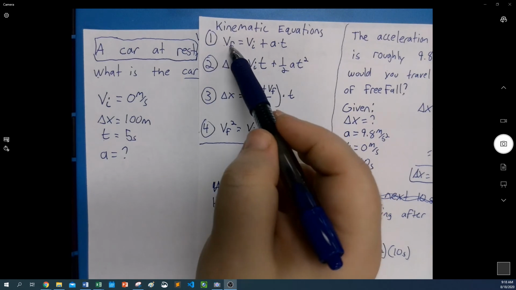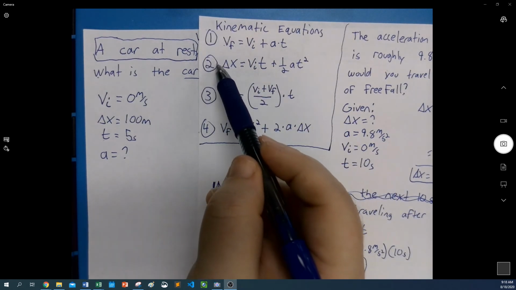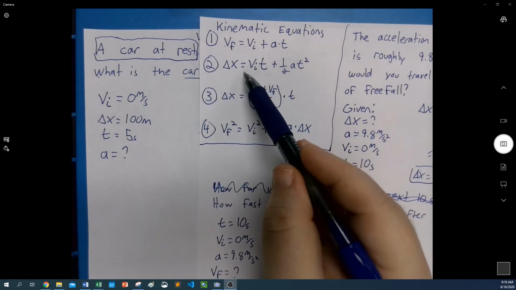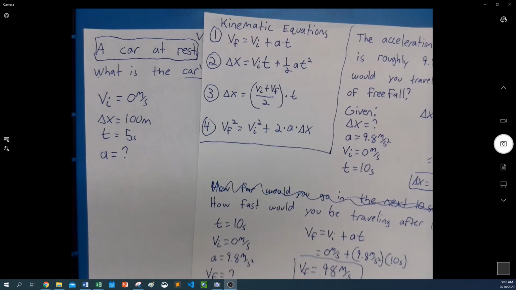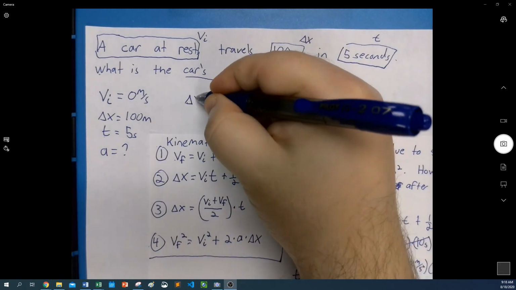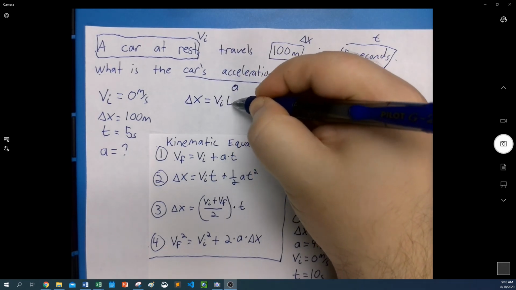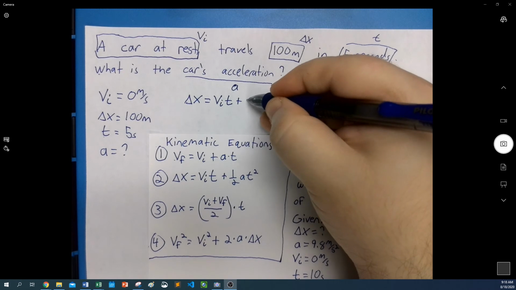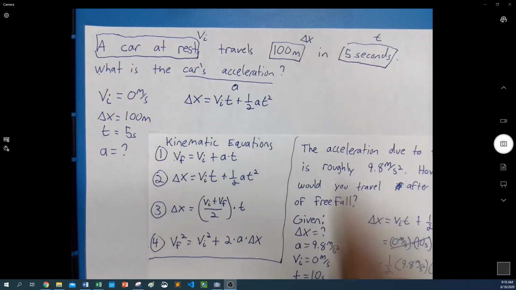This has a VF in it, we do not use it. That gives us one equation exactly. This second equation is the only one that doesn't have VF in it. So we use the second equation. Delta x is equal to VI times T plus 1/2 AT squared.